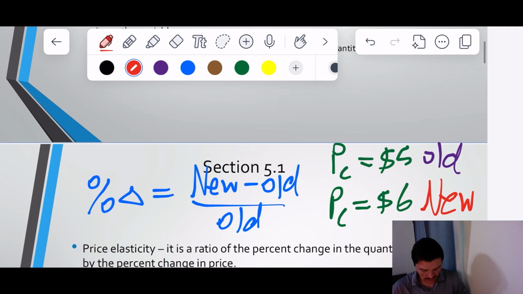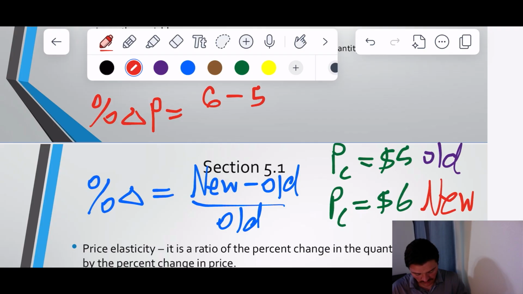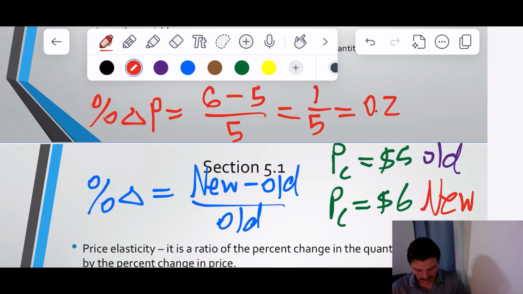For the percent change in price, you would take the new 6 minus the old 5, divided by the old, which is 5. 6 minus 5 is 1. 1 divided by 5 is 0.2, which is 20%.